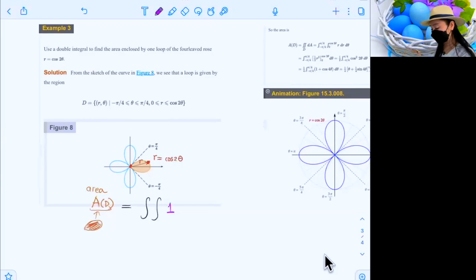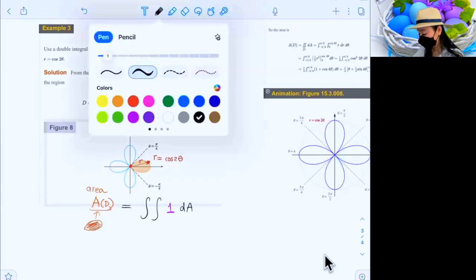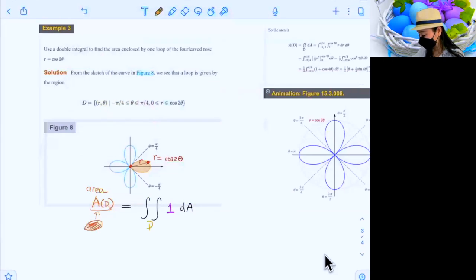So it is the double integral of the function 1 dA, and the region here we label D. Call this region D. That is the value of a solid with height equal to 1 and with this base area, and in quantity they are equal.